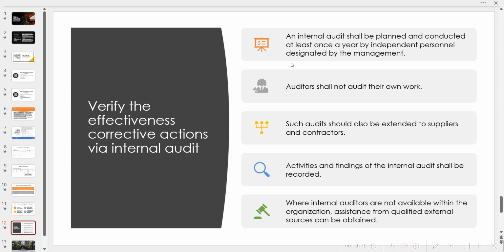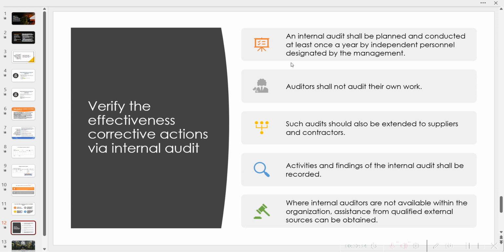Okay. And then the last slide, verify the effectiveness of corrective action via internal audit. This one actually we will look in the next class, but just an overview. You have to appoint an internal audit to check whether your corrective action is correct or not. This internal audit shall be carried out by an auditor, whether it's from the industry itself, that's why we call internal audit, or we can appoint a third party.